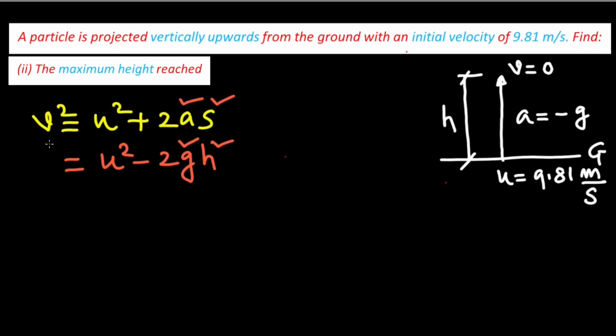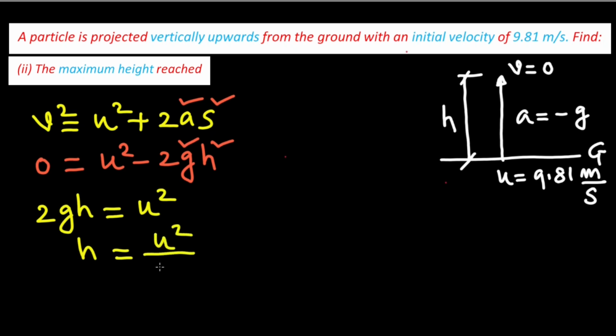At maximum height, the final velocity v is 0, so this will be 0. That gives us 2gh equals u squared, that is h equals u squared by 2g.